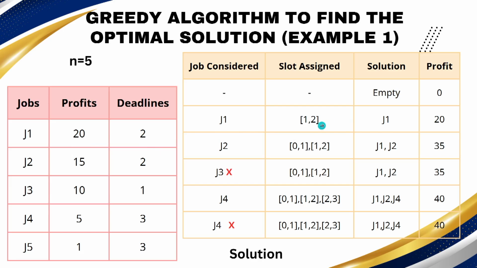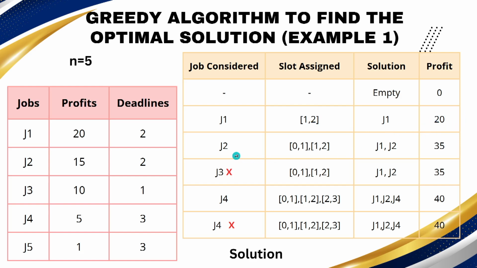Every time I try to fit the job in the schedule in such a way that the job's deadline does not exceed the available slot. So, I am assigning job 1 to the machine between time 1 and 2. The total profit gained with scheduling job 1 is 20 at this moment.